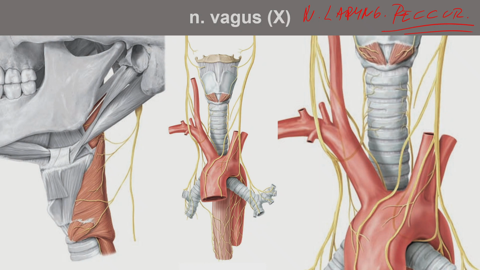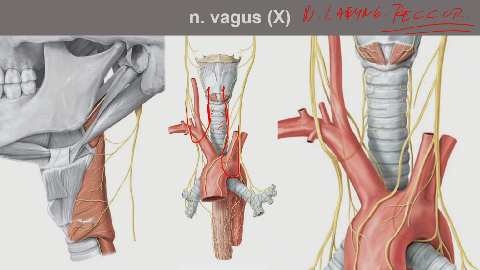This nerve is a branch which is going below the aortic arch on the left part and below the brachiocephalic trunk, or below the subclavian artery on the right side, and then is associated to the lateral aspect of the trachea, innervating this part, and then going into the larynx and innervating the inner muscles of the larynx, especially the vocal cord. And then paresis of it causes impairment of the voice, paresis of one cord.